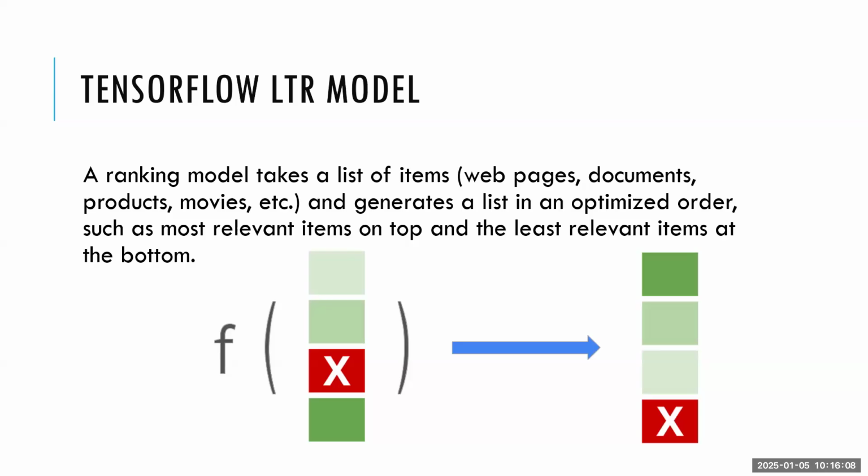So basically, the network is trying to score multiple documents at the same time using the same network, right? And then the one that has the highest score would go to the top, and the one with the lowest score is going to be on the bottom.